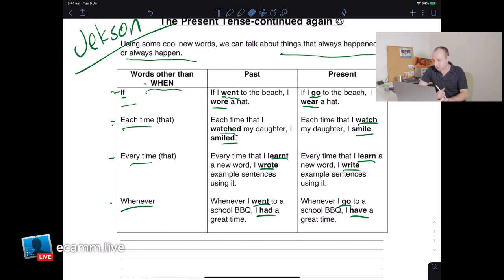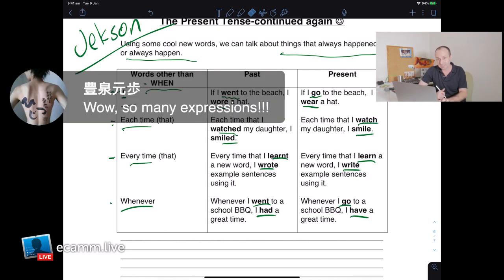Wow, so many expressions, says Kaz. Yes, so many expressions, my friend. Lots of different ways to say lots of different things. For when, for because, for although. Lots of different ways that we can say these things. And when we do that, we have better language. So that's what I'm going to teach.